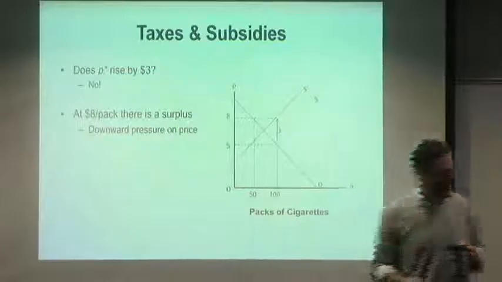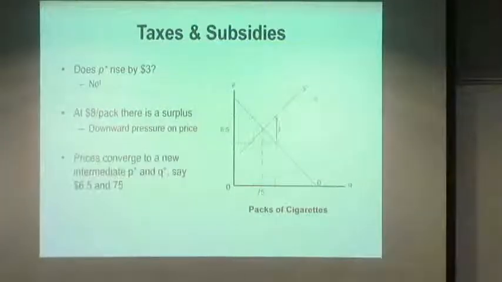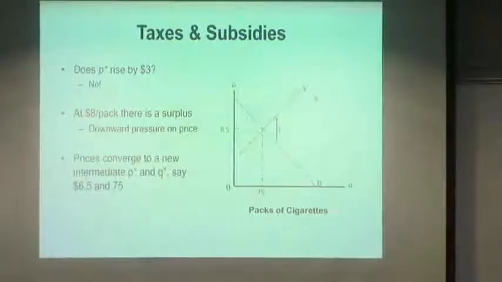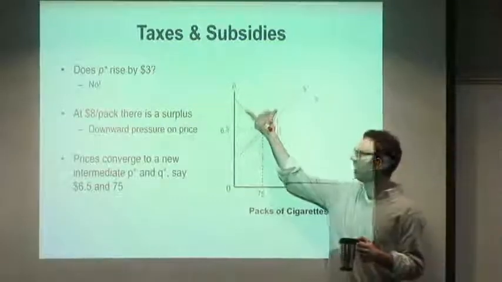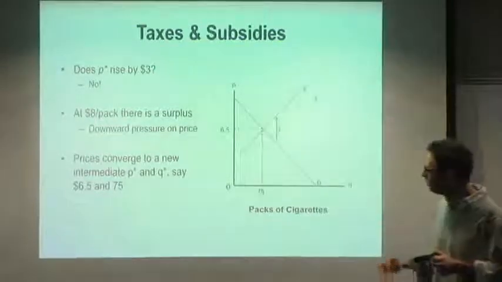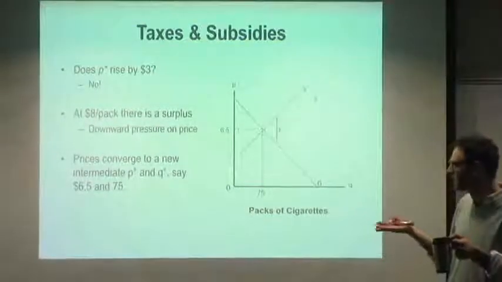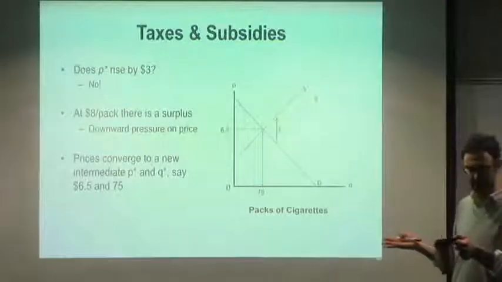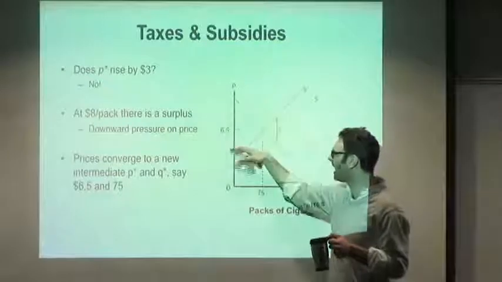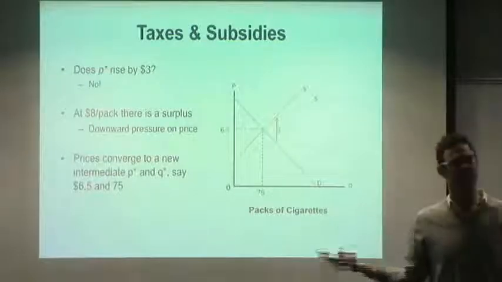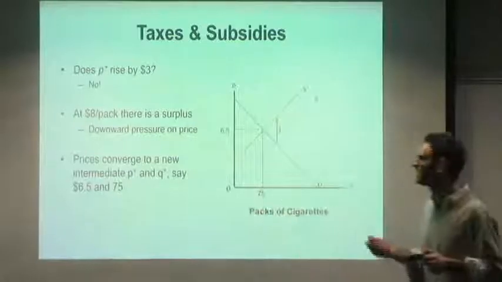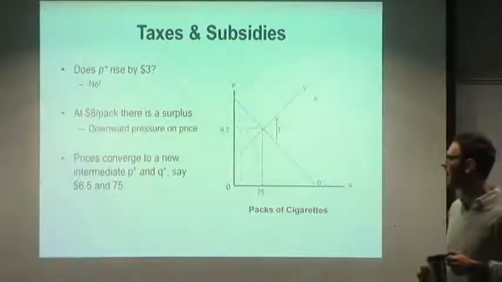And a surplus is going to put downward pressure on the price of cigarettes, and in this example, price is going to reach its equilibrium point, its market clearing point, at some sort of intermediate price between 5 and 8. I'm going to say $6.50, just as an example, and maybe that equilibrium quantity will be about 75 packs.